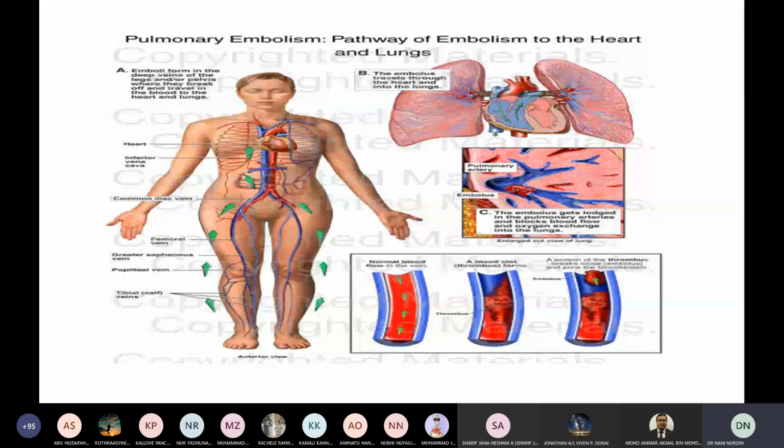Or if it is small enough, it can travel into a smaller vessel and go to a more peripheral part of the lung parenchyma. Okay, so you have to know the pathway. You have to know how to describe how it moves from the veins of the lower extremities to the heart and to the lung.